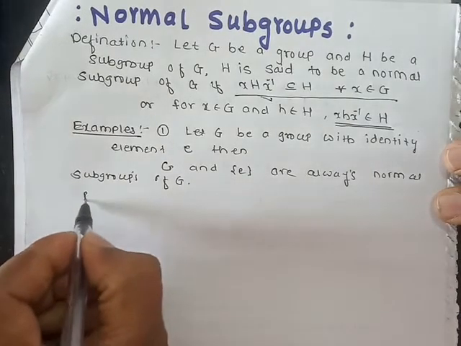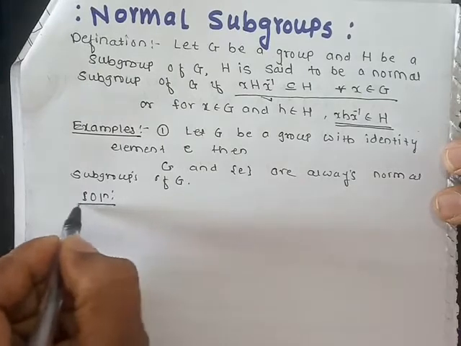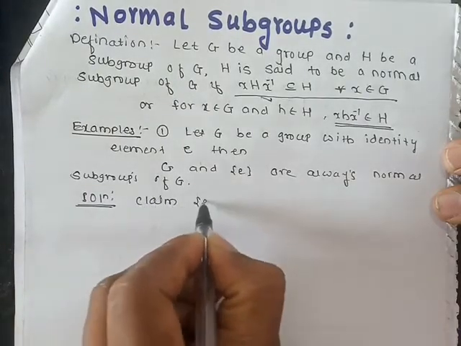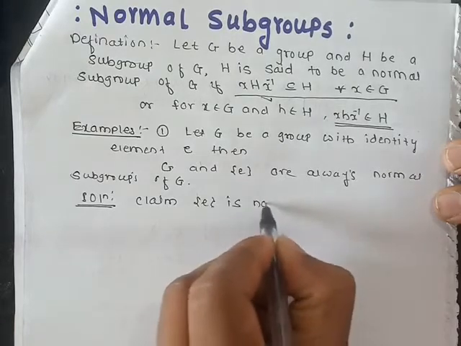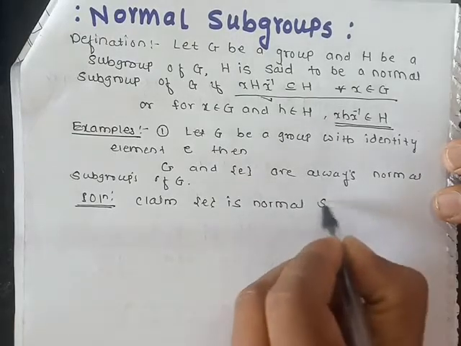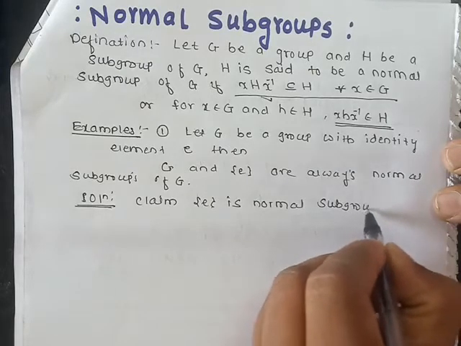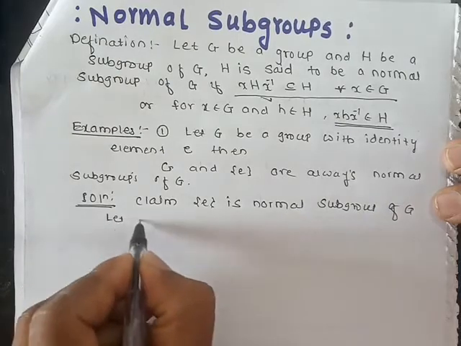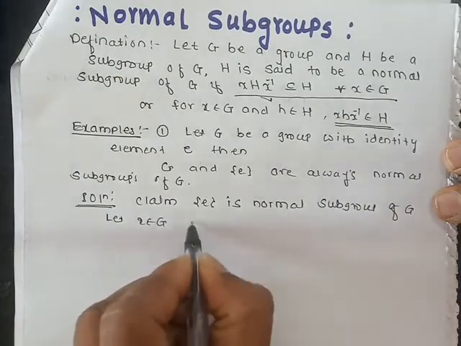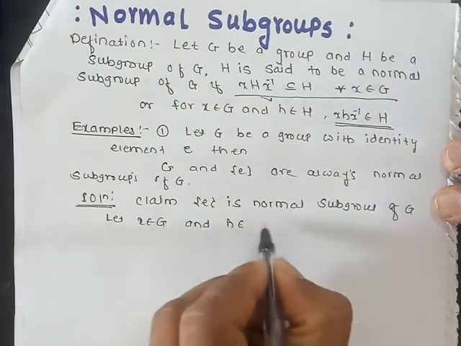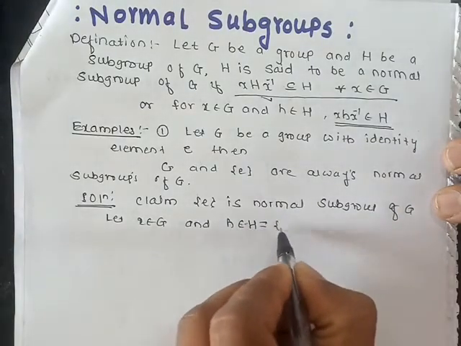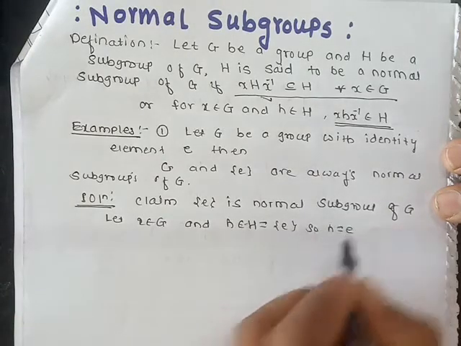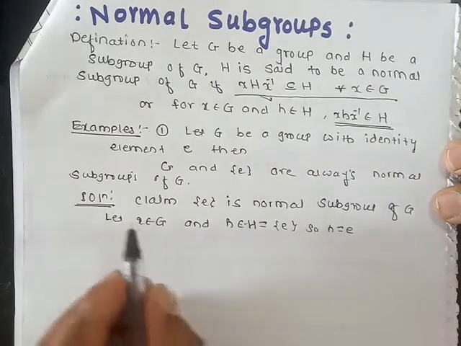How? Solution. Claim: singleton {e} is a normal subgroup of G. For that, let x belongs to G and h belongs to H. Here capital H is nothing but singleton {e}, so h is the identity element e.